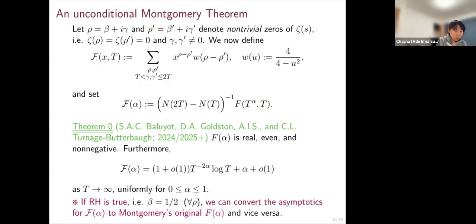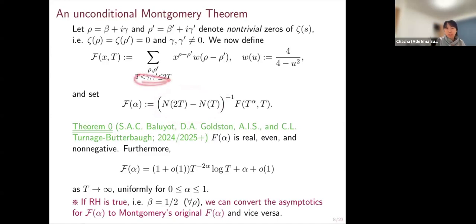And then, of course, if you want to count zeros, you usually want to normalize it. So what you do is divide it by the number of zeros. Now, in the case of Montgomery, it was the summation over zeros in between 0 and t. That's why you only need to divide by its asymptotic, and that was t over 2 pi log t.